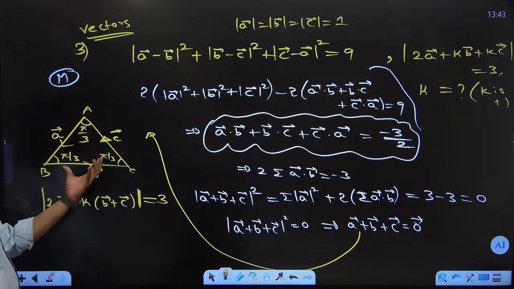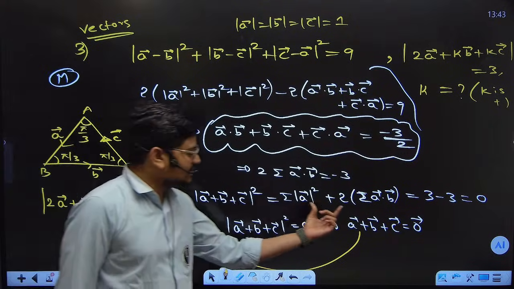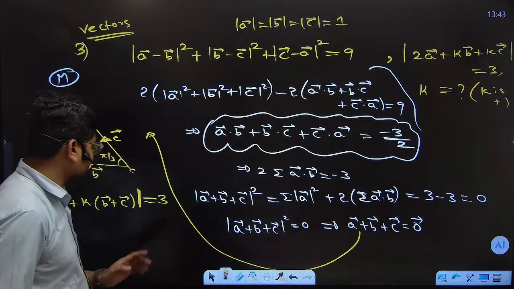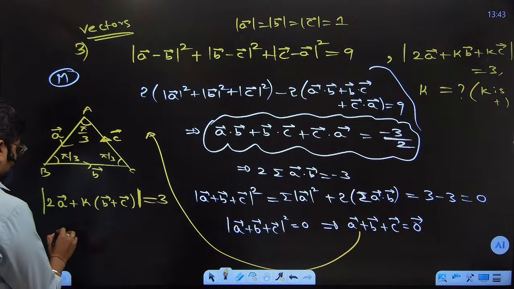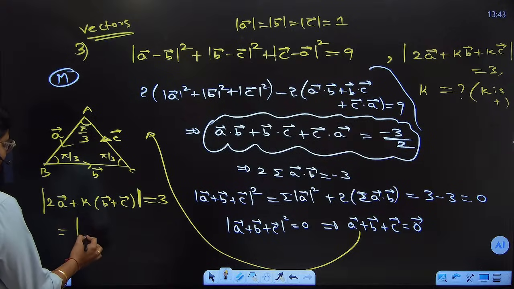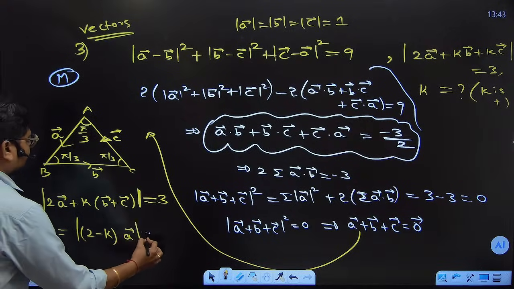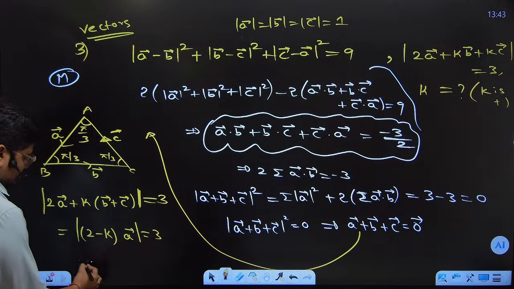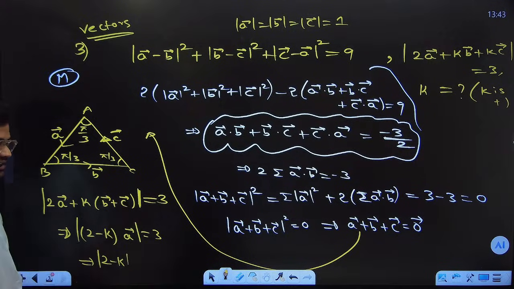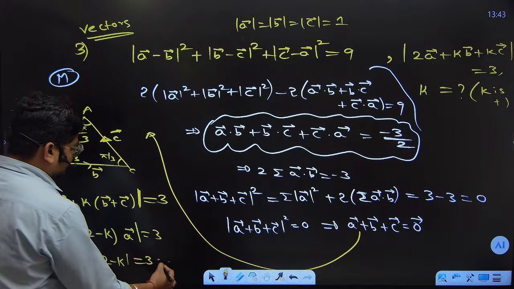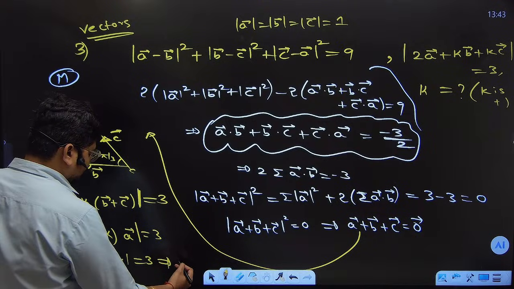That means I can replace B plus C with minus A. If I replace this with minus A, it is going to be something in the form of (2 minus K) times A vector is equal to 3. So this gives me mod of 2 minus K, and the magnitude of A vector is anyhow 1, so this is equal to 3. This gives you two values of K. So K minus 2 is equal to 3.